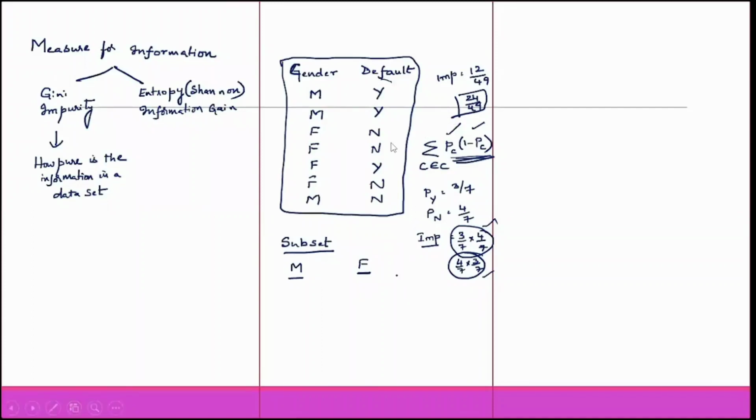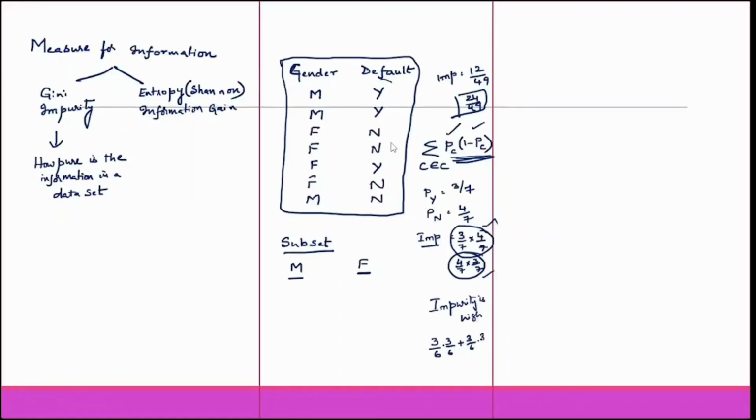Generally, we say that the impurity is high. So what is the highest value of the impurity? If you look at both of them being 50-50, if S is 3 by 6 times 3 by 6 plus 3 by 6, or 1 by 2 times 1 by 2.